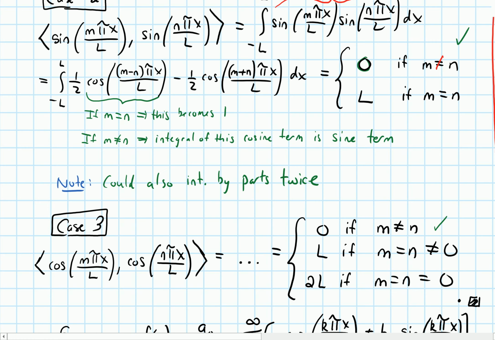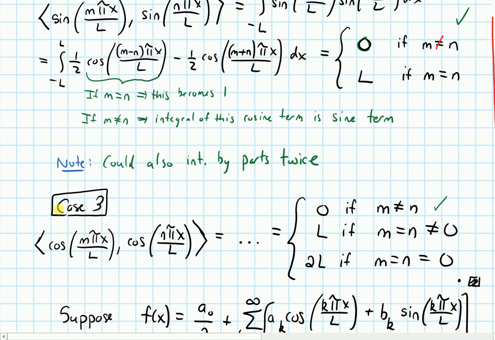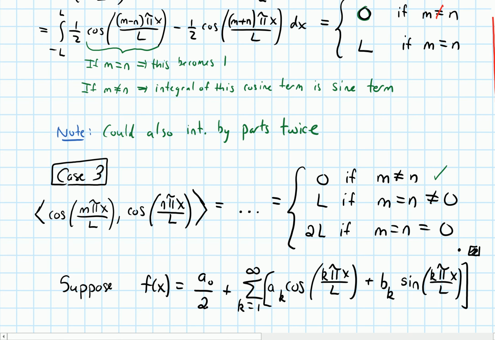All right, so now I want to talk about how do we find our Fourier coefficients. So let's suppose that f of x happens to be equal to its Fourier series, exactly. So I'm writing it's exactly equal to it.